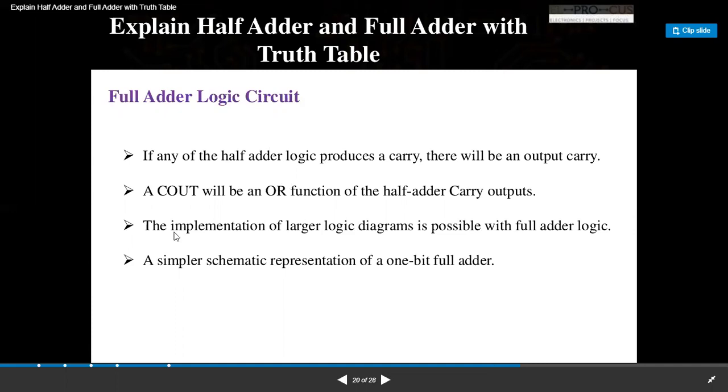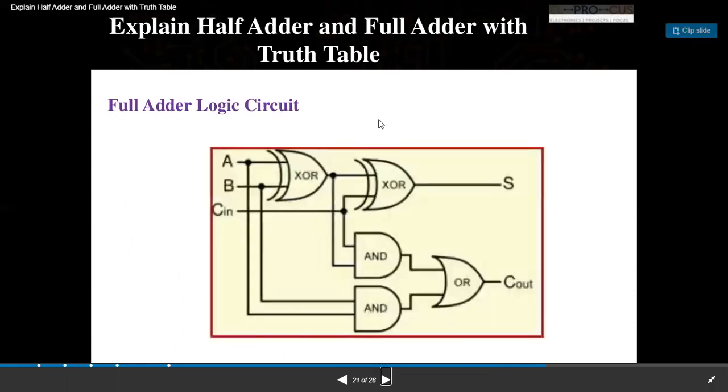Then the implementation of larger logic diagrams is possible with the full adder logic. A simpler semantic representation of a 1-bit full adder is shown in the figure below. Here it is in the form of gates: XOR gate, XOR gate, AND gate and OR gate.